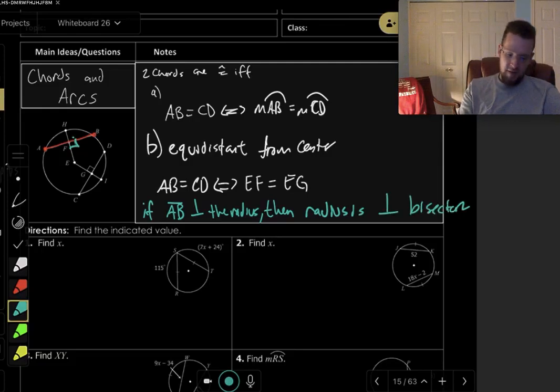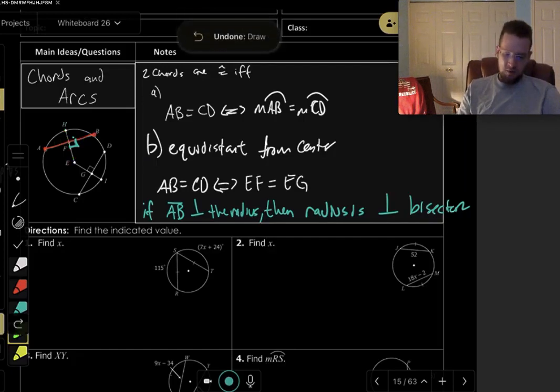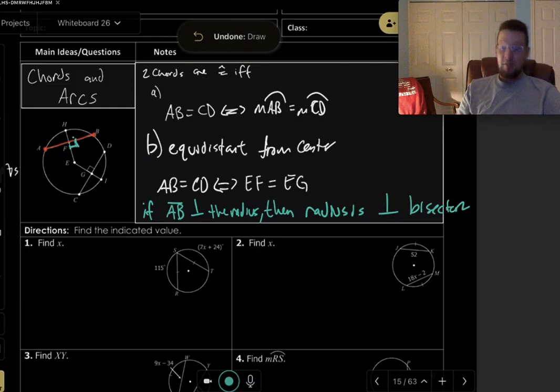So if we have a perpendicular angle, if a 90-degree angle is formed by these two lines, then that means that either side of this chord will be the same. Long story short, we have a lot of sameness whenever we're dealing with these figures.